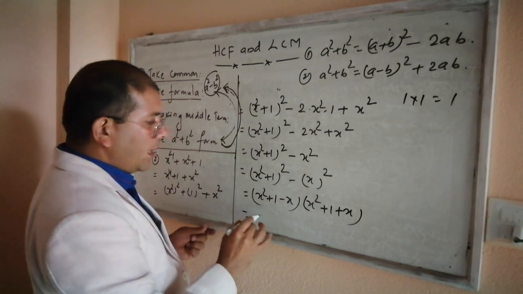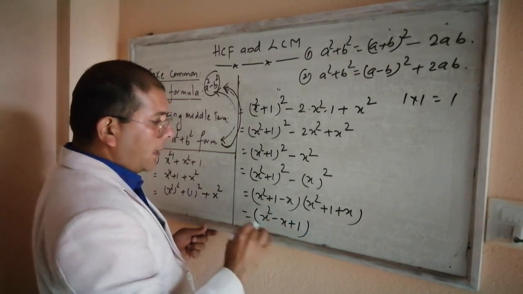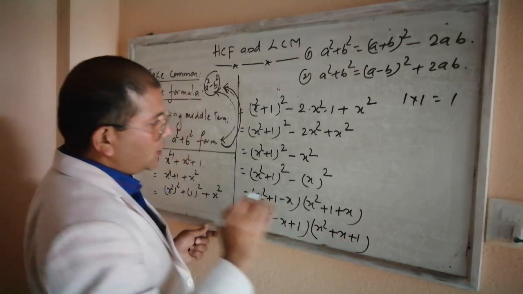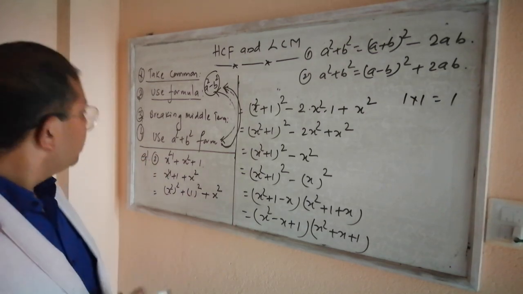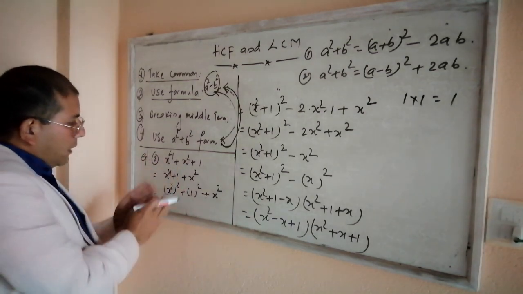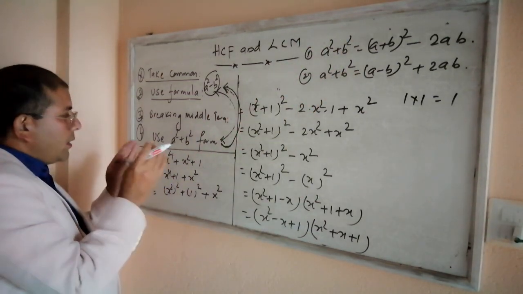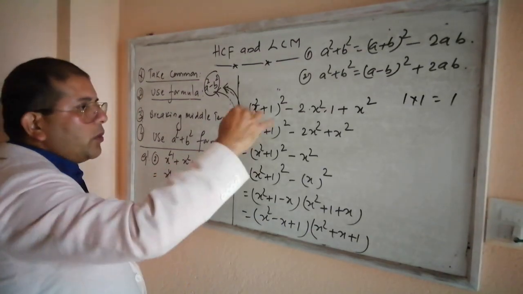Now arrange them. It is x square minus x plus 1, x square plus x plus 1. Now it is the factorization of this expression. So to make a group of a square plus b square, don't forget, take the highest and lowest.